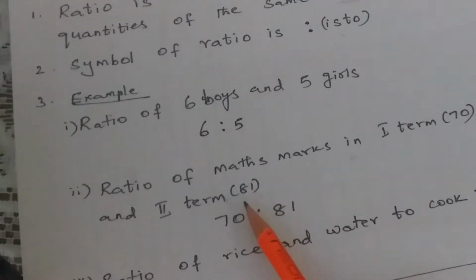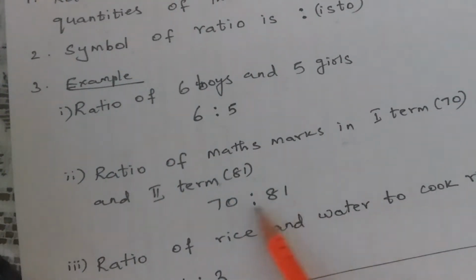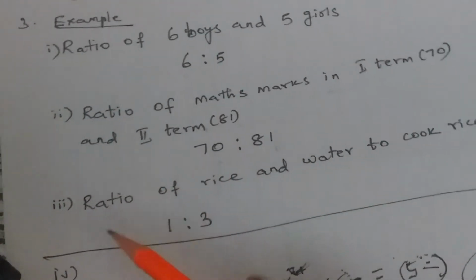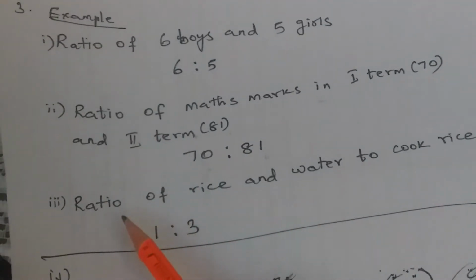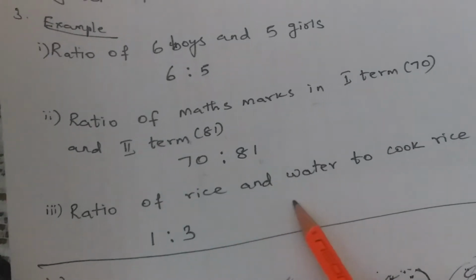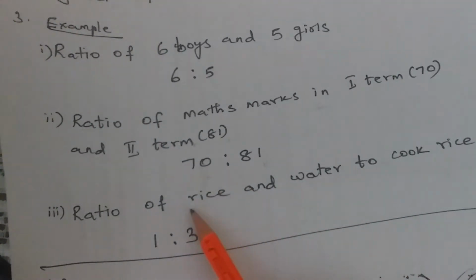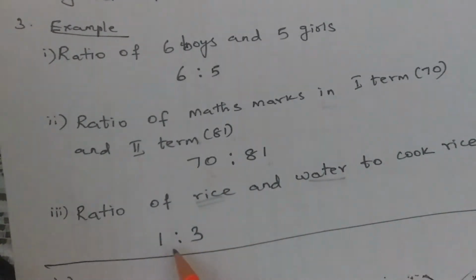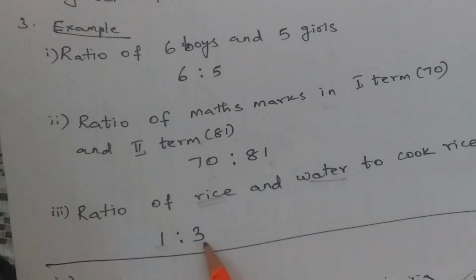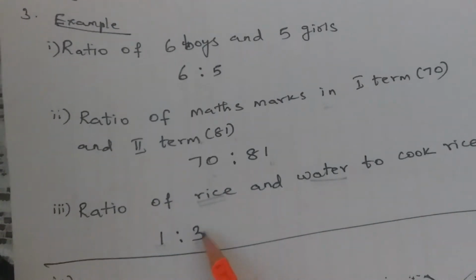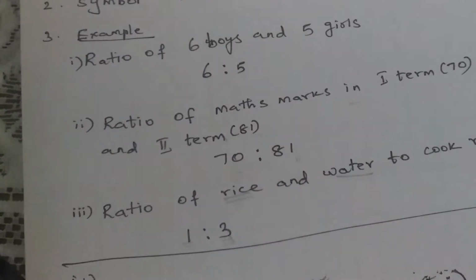So the ratio of your marks in first term and second term is 70:81. I have also given a day-to-day life example: ratio of rice to water to cook rice. For 1 cup of rice, we use 3 cups of water. These are a few examples of ratios.